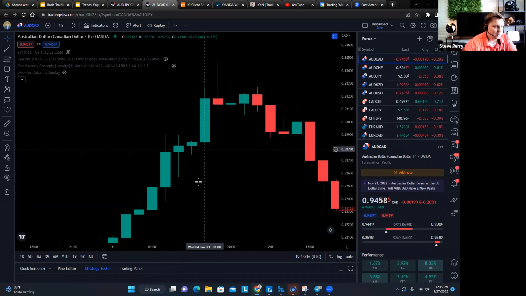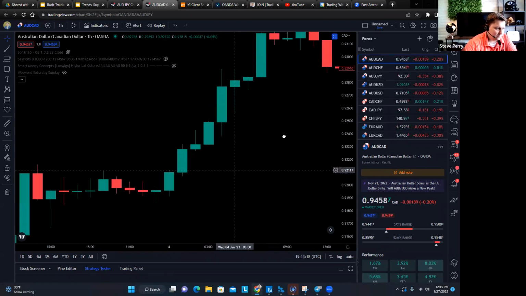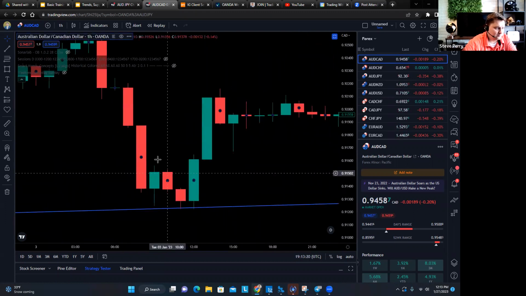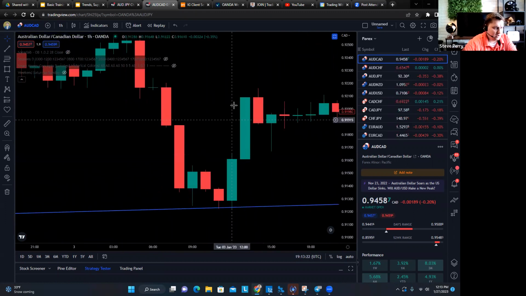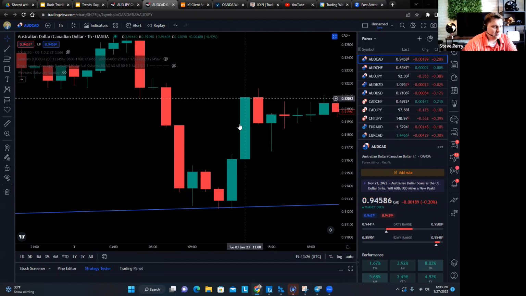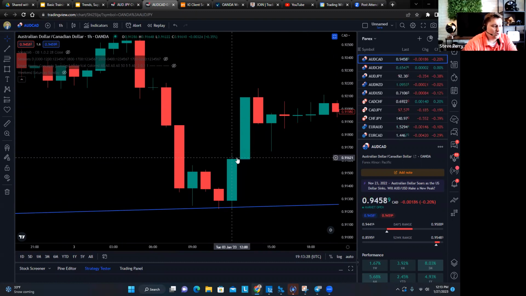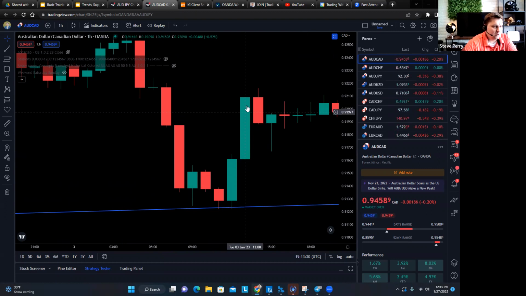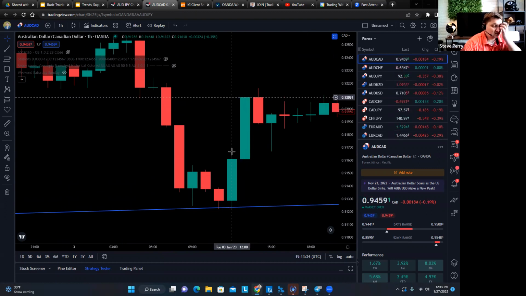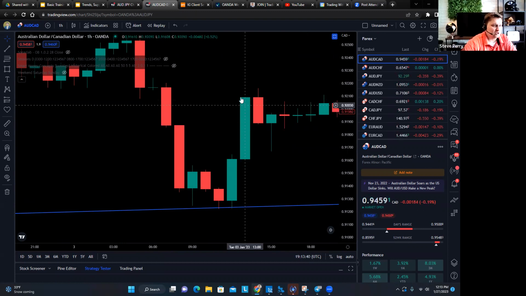So, for one quick thing, if you find a candle like this, oh yeah, this is a perfect one. Look at this one. See this guy right here? No wicks. What does that mean? That means that during this hour, it started here and it just kept going up and ended here with no wicks. So it basically started here, ended here, and there was no variance really. It just went straight there during the hour and that's it.